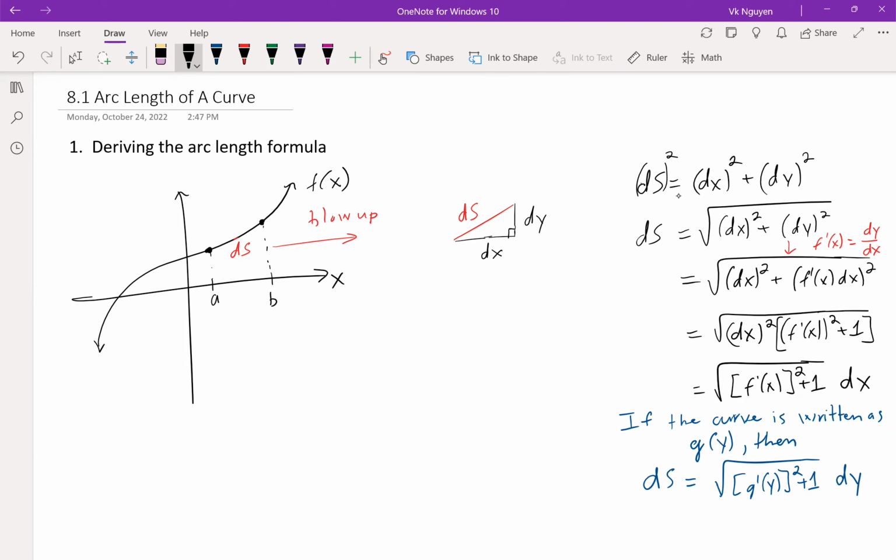And when we sum up many of them, that would be the limit of the Riemann sum, which is the integral. So the arc length L is the integral from a to b of ds.